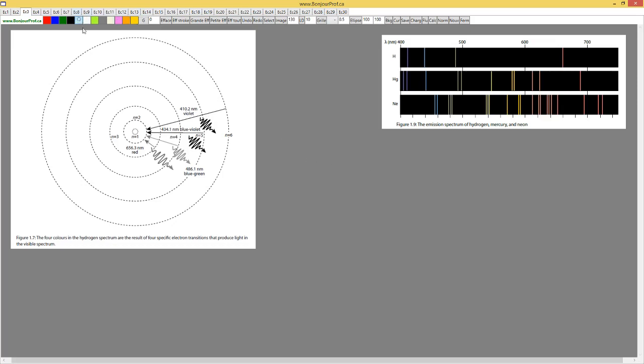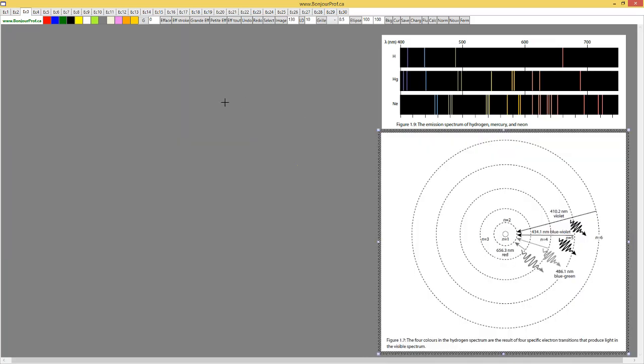Right here, big 2. Bohr's model. B-O-H-R.